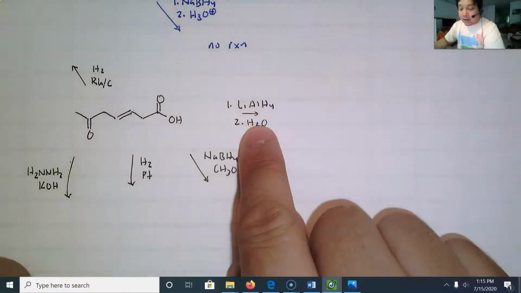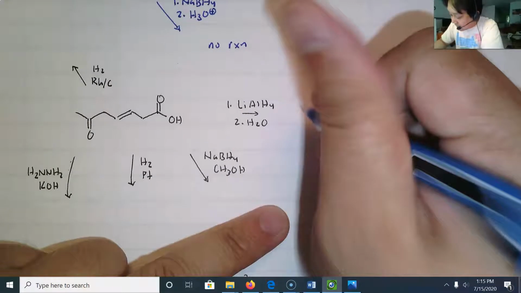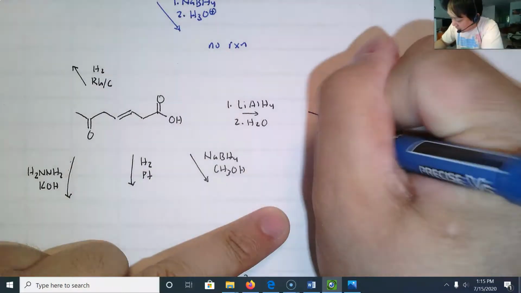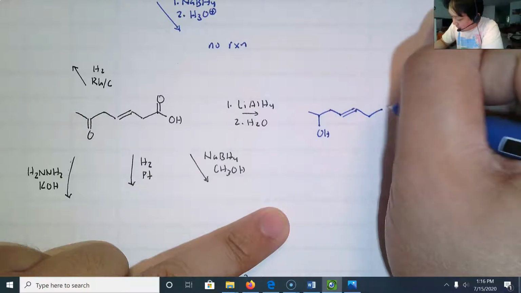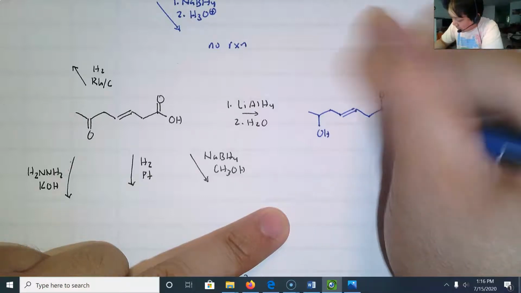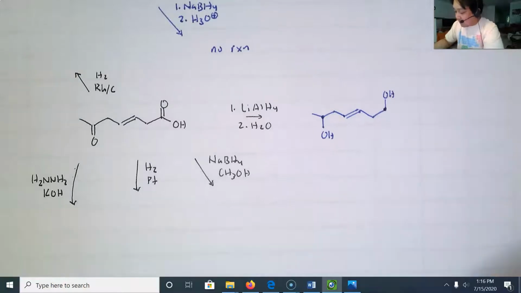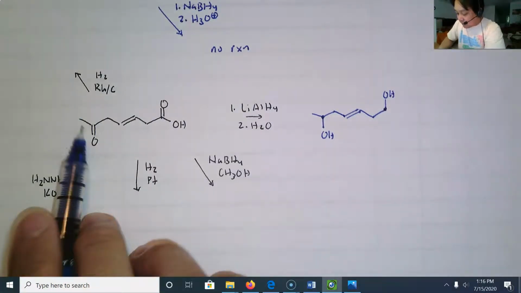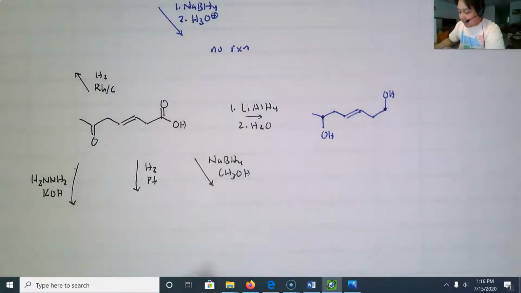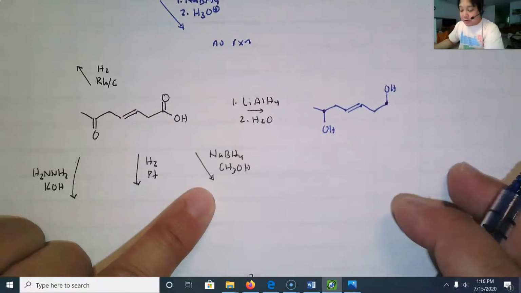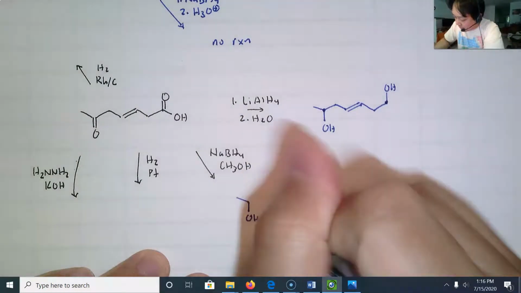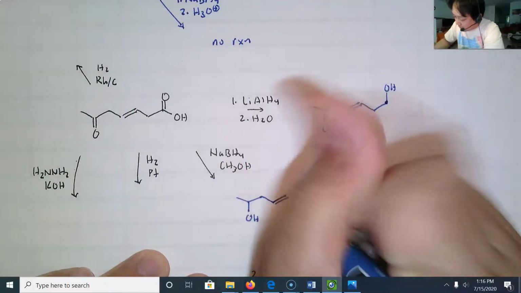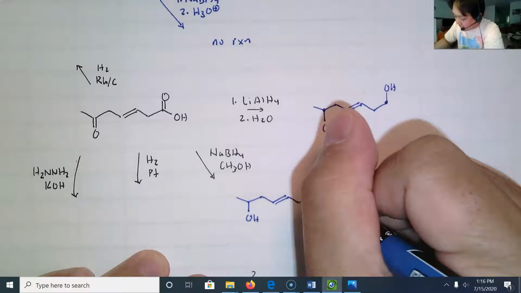Okay. Lithium aluminum hydride can reduce aldehydes, ketones, and carboxylic acid. Not carbon-carbon double bonds. Make sure you have the right number of carbons. Looks like it's 7 there: 1, 2, 3, 4, 5, 6, 7. Sodium borohydride is not strong enough to reduce the carboxyl group, but you do know it will reduce the carbonyl, not the carboxyl.